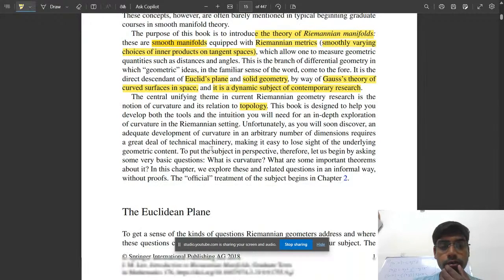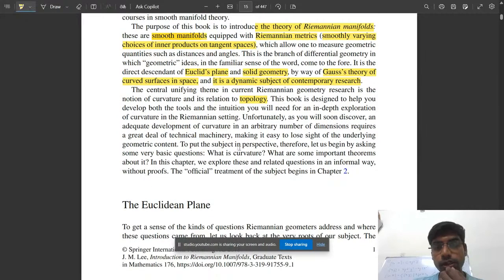To put the subject in perspective, therefore, let's begin by asking some very basic questions. What is curvature? Right. At first, we have to be precise regarding the definition of curvature. We all have a basic intuition of curvature, but we have to mathematically establish its exact definition.